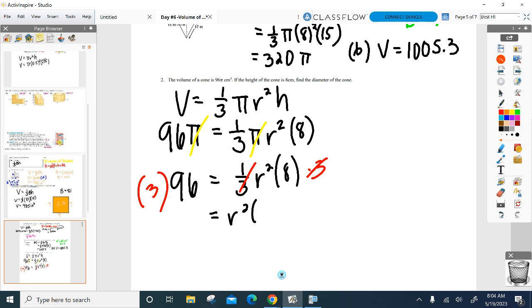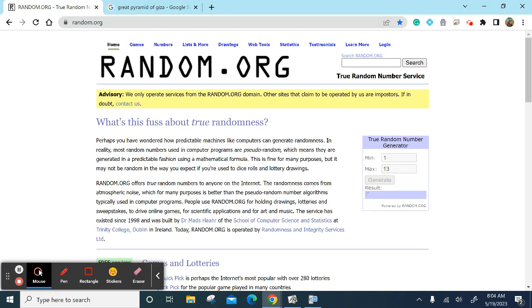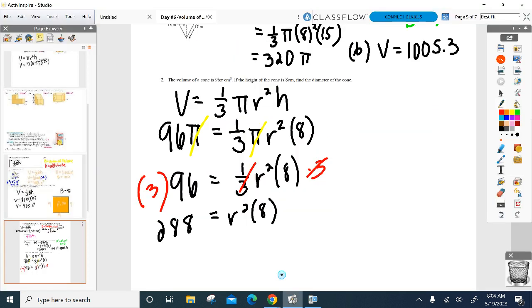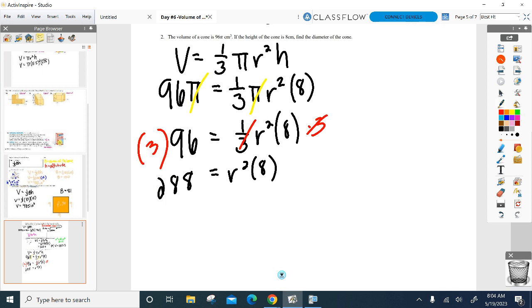R squared times 8 equals, oh boy, 8 times 36. Let's see, that's 8. If I carry the 1, 288. Calculator. Human calculator. Next. Divide by 8. Good job.